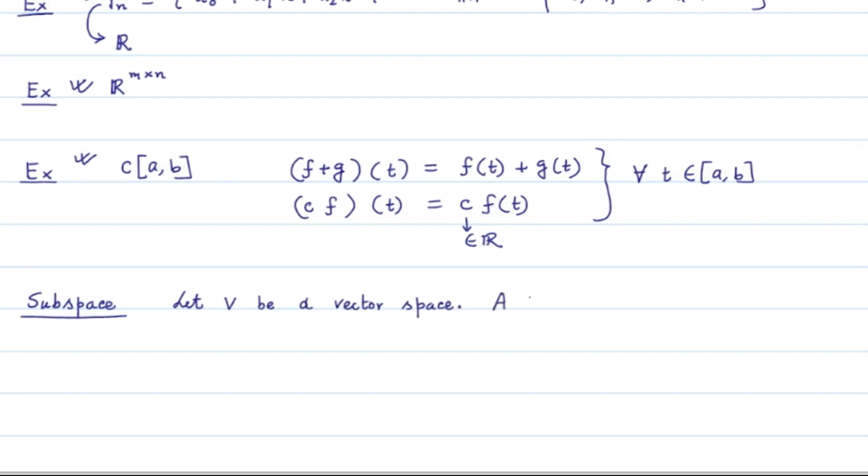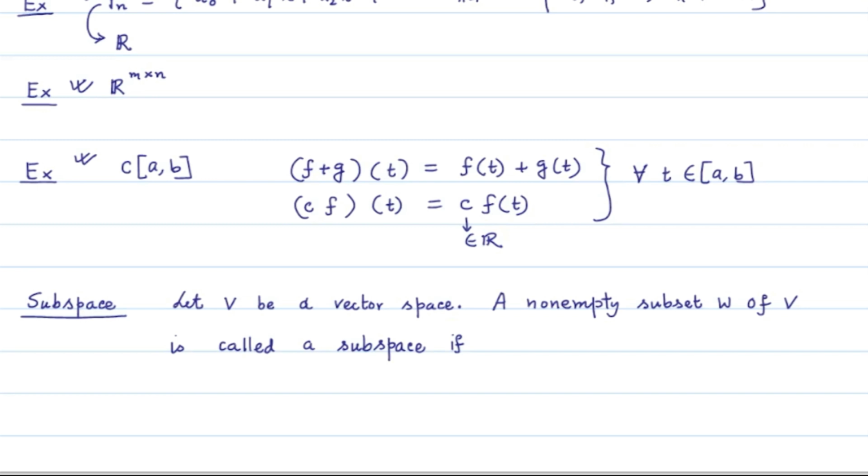A non-empty subset W of V is called a subspace if the elements in capital W form a vector space with respect to the composition of vector addition as it was for the vector space capital V, and with respect to the composition of scalar multiplication with a vector as it was in the vector space capital V. That means with respect to the same compositions that were in capital V, if the elements in capital W form a vector space, then W is called a subspace of the vector space capital V.